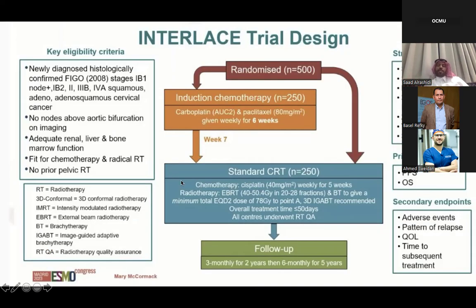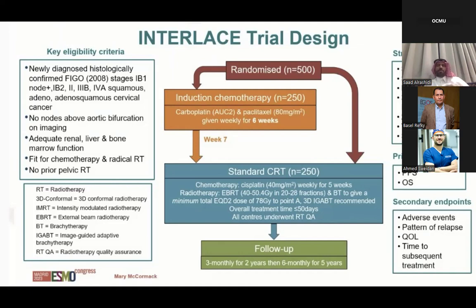So the recent one that came, you probably now need to know, is the INTERLACE trial. You can go through the slide, but I can summarize it. It's early disease needing chemoradiation, meaning the same stage area that Prof Basil is mentioning, above 4.